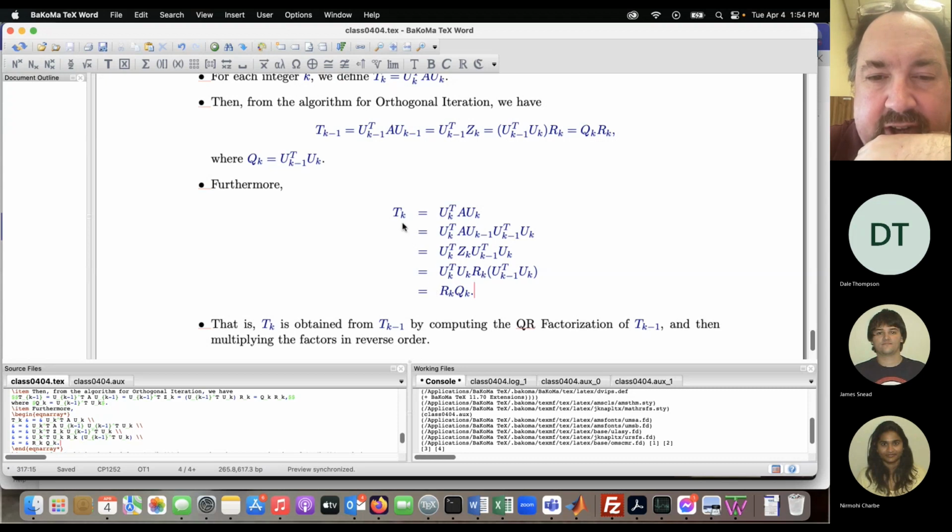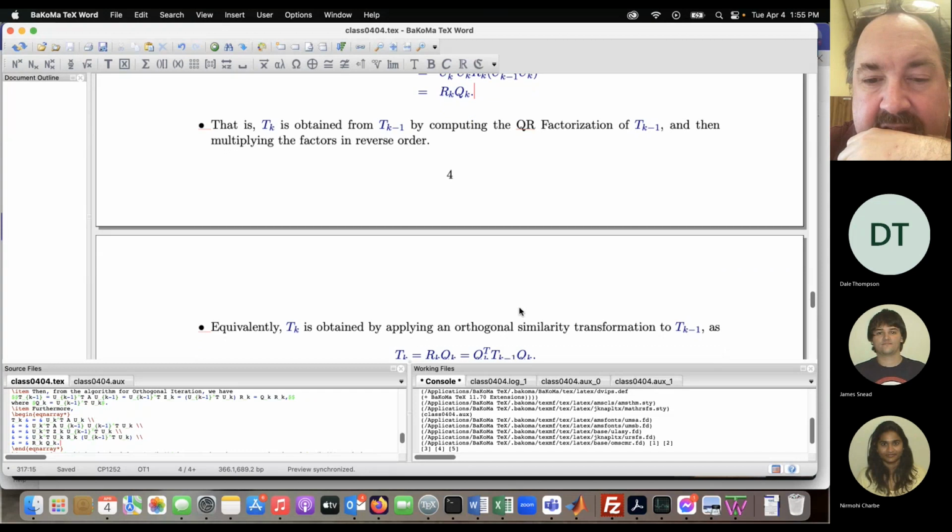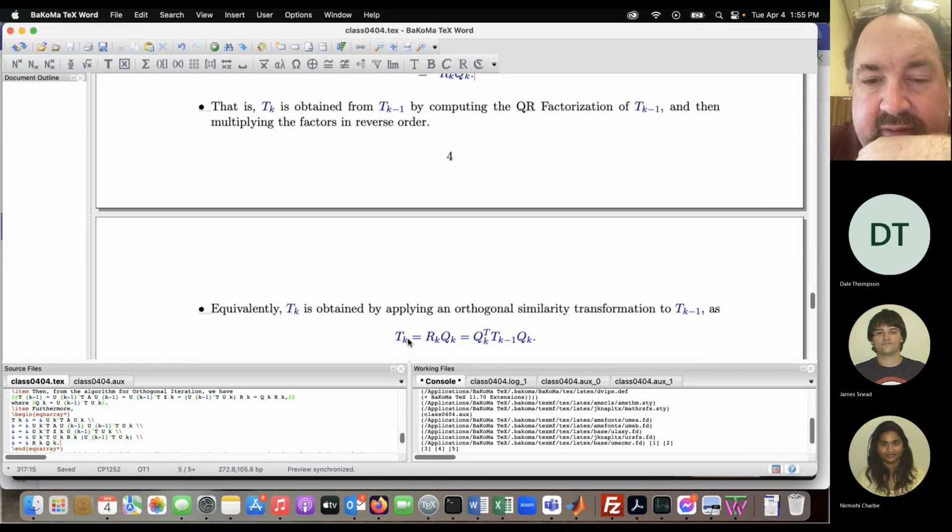I can continue this process. I can then take T_k, QR factorize it to get Q_{k+1}, R_{k+1}, multiply those in reverse order. That would give me T_{k+1} and so on. So I can just keep doing that. Also, if I keep in mind how I got T_k, so it's R_k Q_k, but R_k came from QR factorization of T_{k-1}.